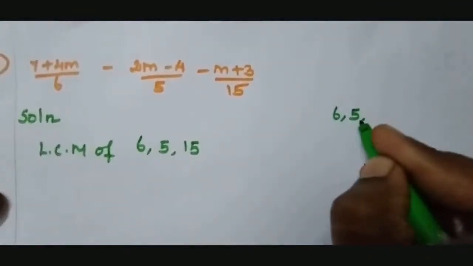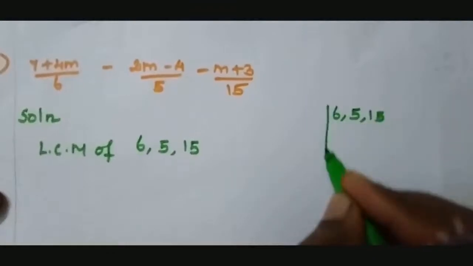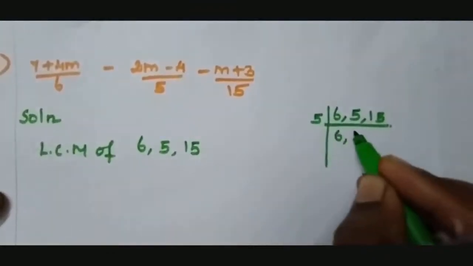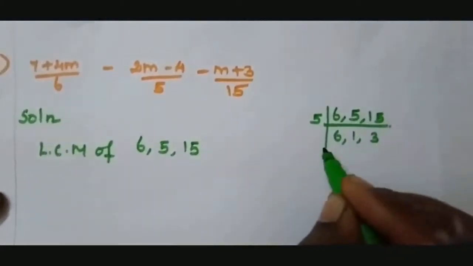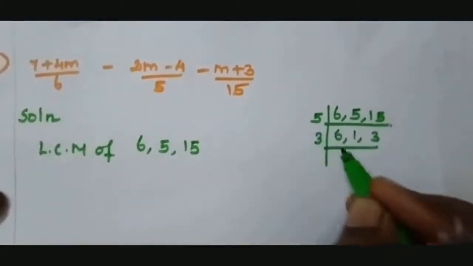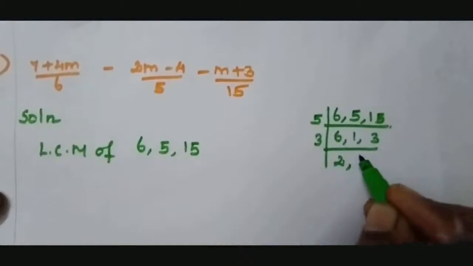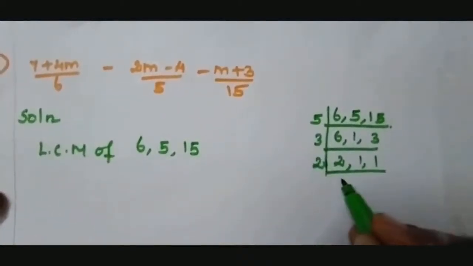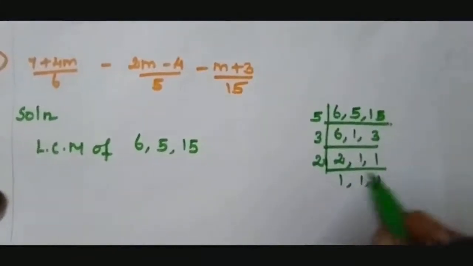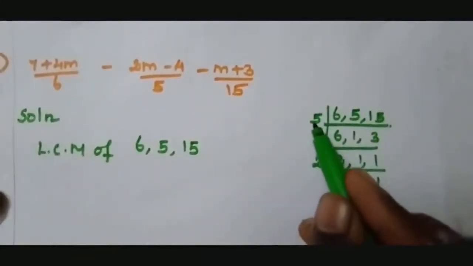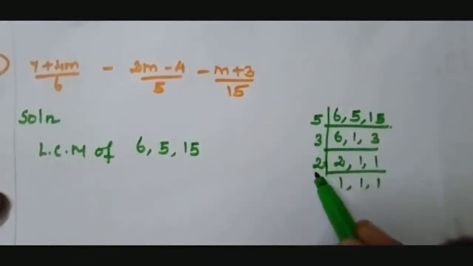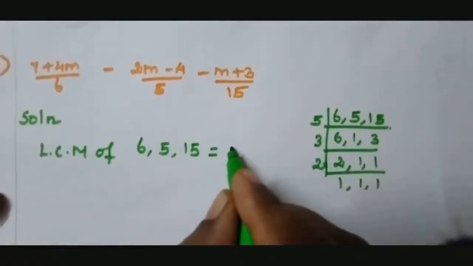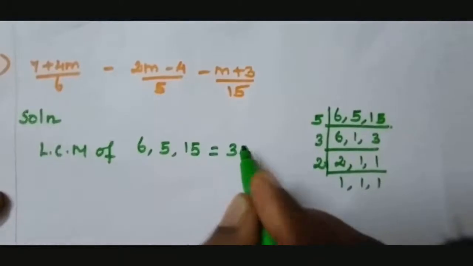So take the LCM, do it with 5 tables. 6, 1 5 is 5, 3 5s are 15. So now with 3 tables, 2 3s are 6, 1 and 1 3 is 3. Now do it with 2 tables, 1 1 1. So what's the answer? 5 3s are 15, 15 2s are 30. So LCM of 6, 5 and 15 is 30.